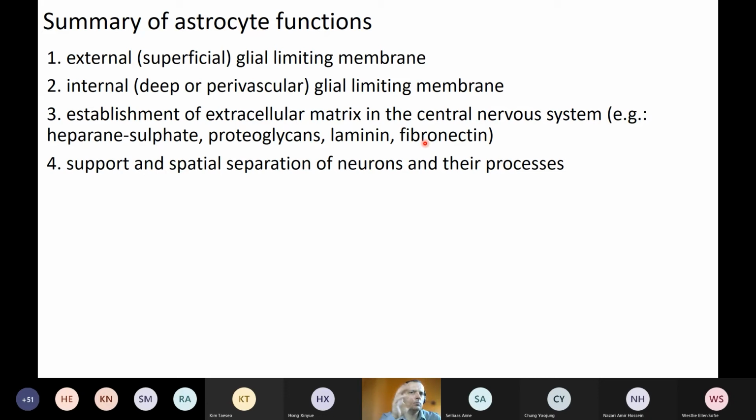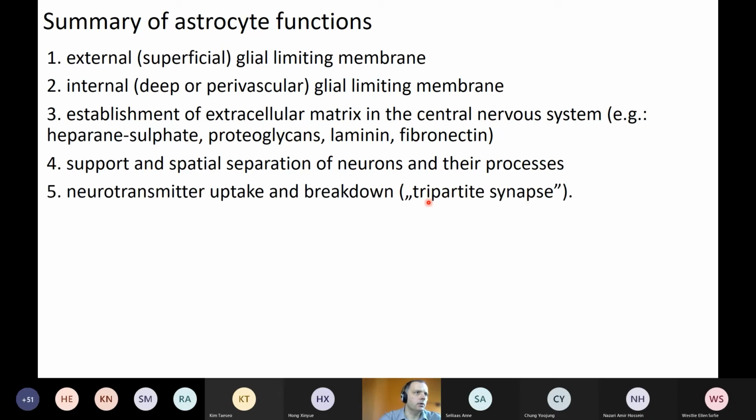What people already identified in the early era of neuroscience, and what the initial idea was that the glial cells have a supporting function, is still true, but this is not their only function, but they still provide the support, and they separate the processes of the cells from each other, which is also important in the communication.